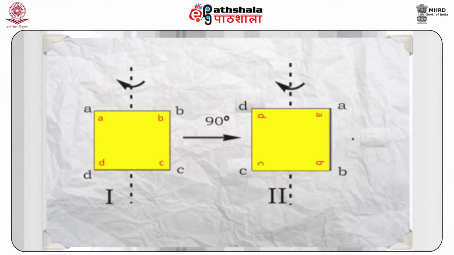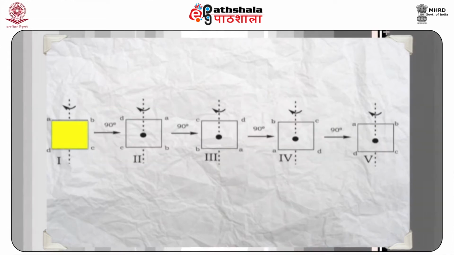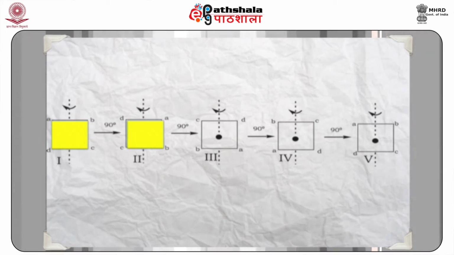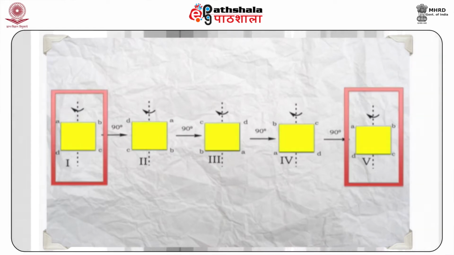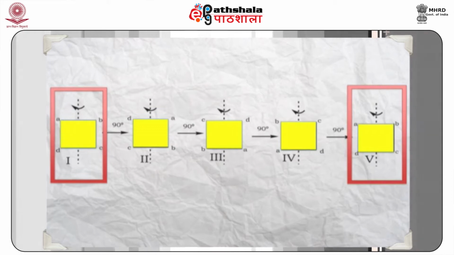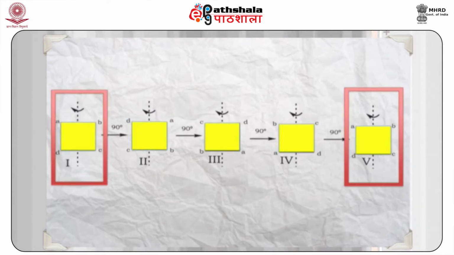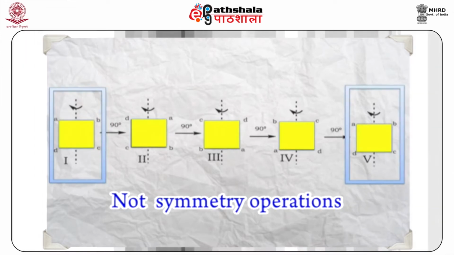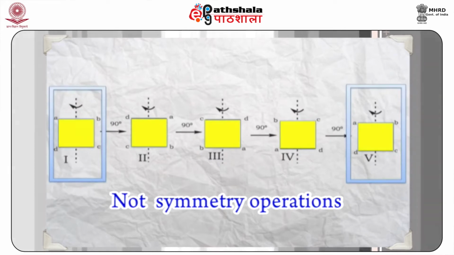Continuing with successive 90-degree rotations, configuration 1 changes to 2, to 3, to 4, and then 5. Note that out of all of these, only configuration 5 is identical to configuration 1. These rotations or movements are not truly symmetry operations.